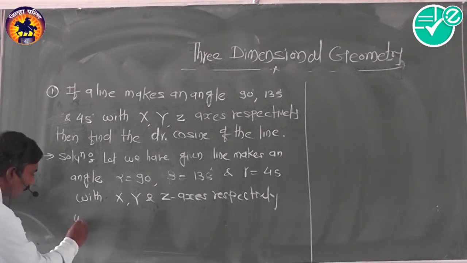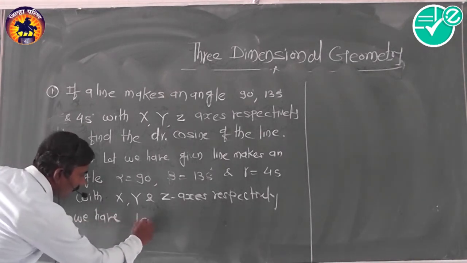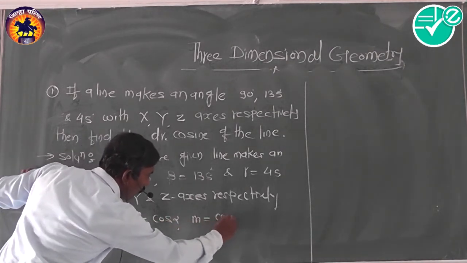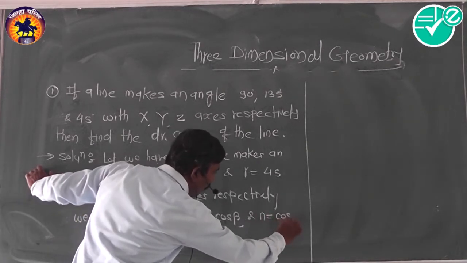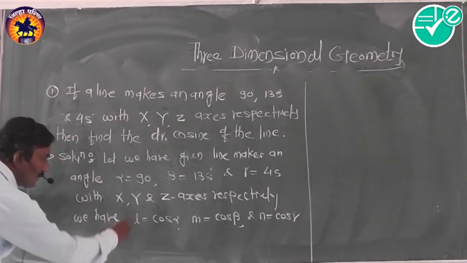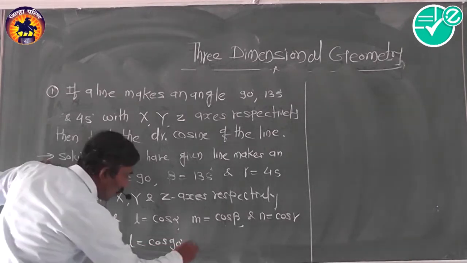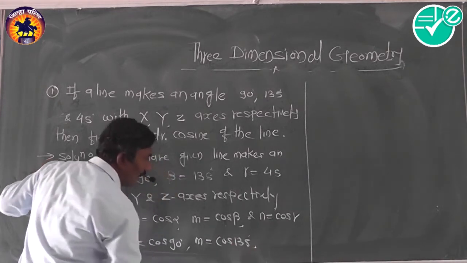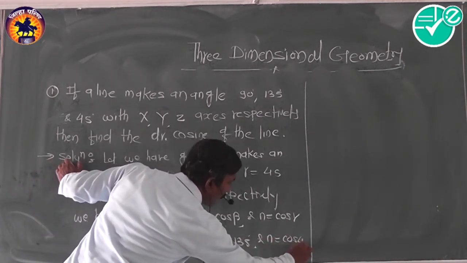So now here, we have l equal to cos alpha, m equal to cos beta, and n equal to cos gamma. So we can put l equal to cos 90 degrees, m equal to cos 135 degrees, and n equal to cos 45 degrees.